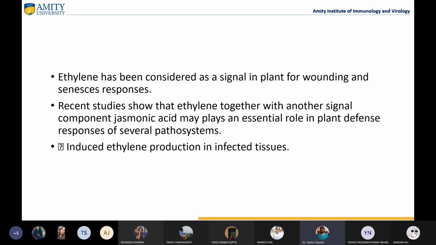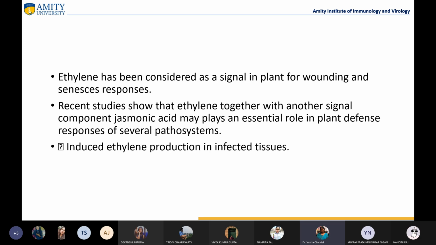For example, as I discussed in the beginning, they could release certain gums, they can form a corky layer around the plants, or abscission layers or tyloses are formed so that the pathogen doesn't gain entry. They could also release certain chemicals or have inducible biochemical responses. One is the hypersensitive response. So what is a hypersensitive response?